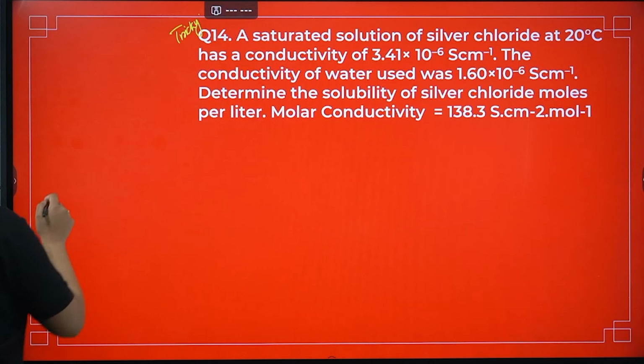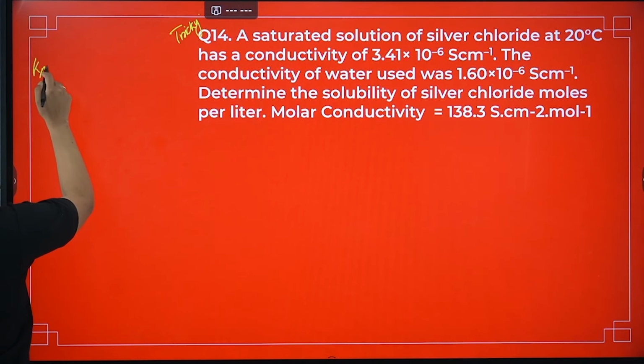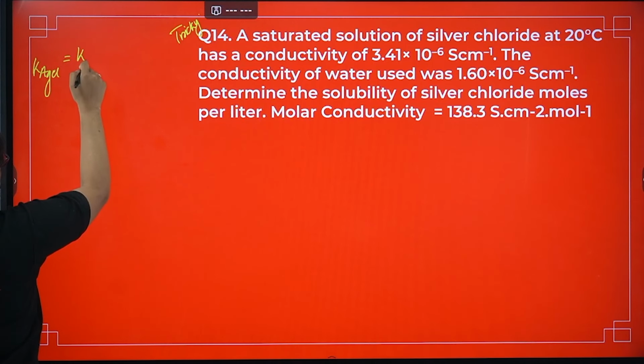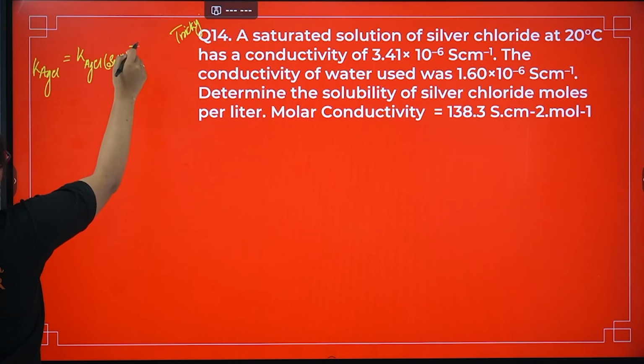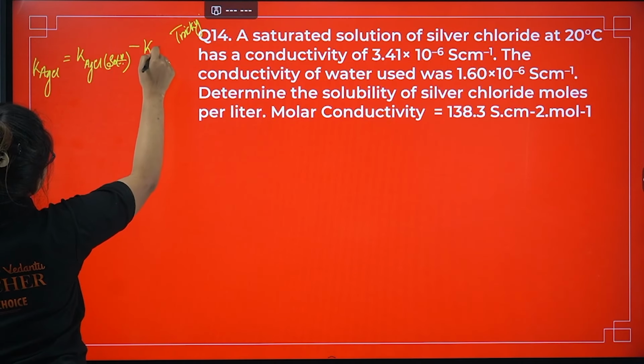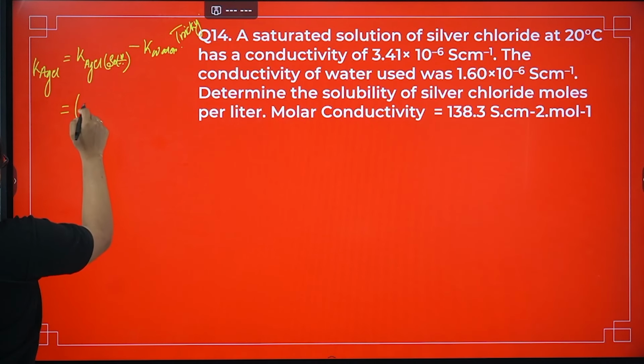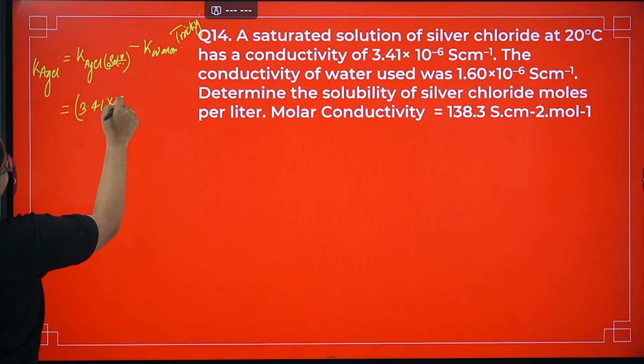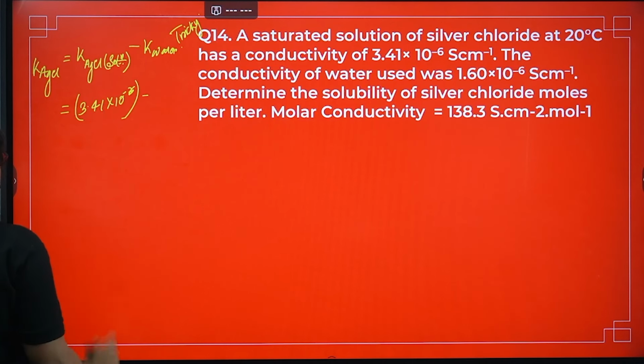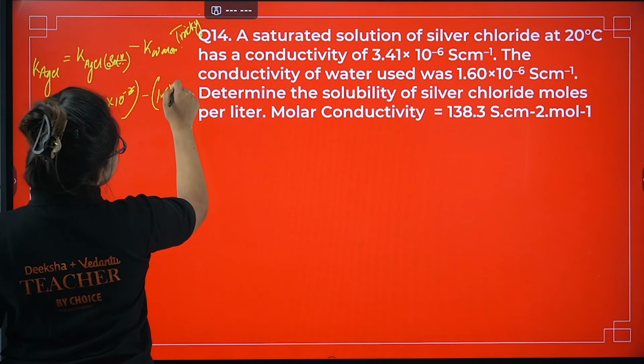Okay, let's go ahead. Okay, so conductivity of AgCl. If I want to find out, so definitely that's going to be conductivity of AgCl solution minus conductivity of water. Right. So if I just put the value from that question, that is 3.41 into 10 power minus 6 minus for water is 1.6 into 10 power minus 6.